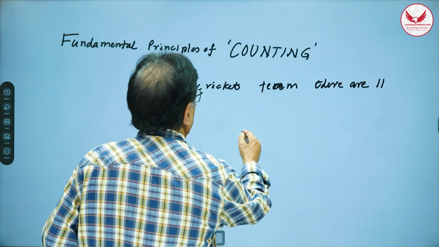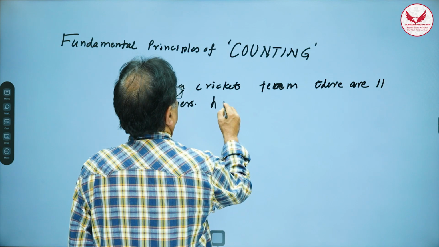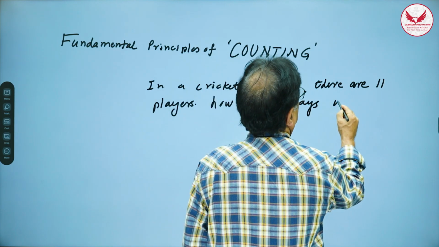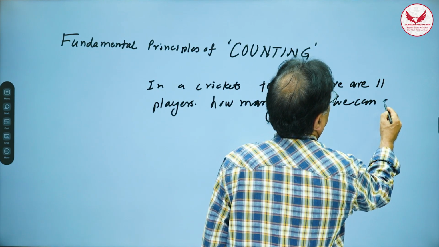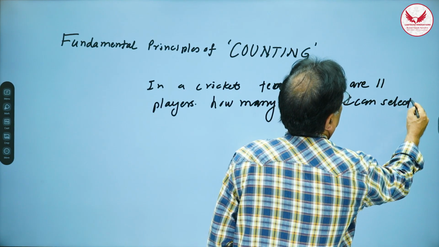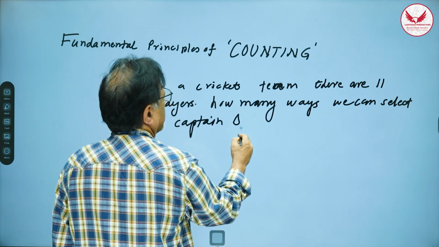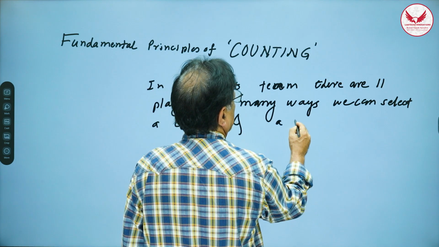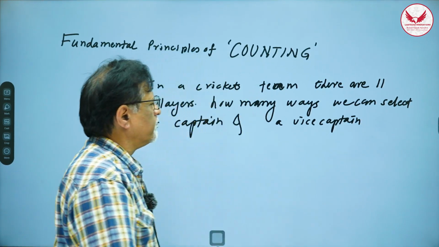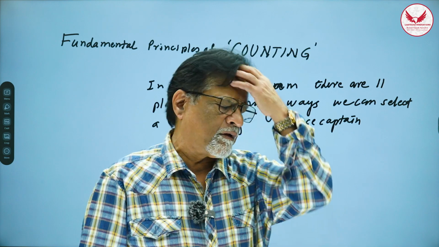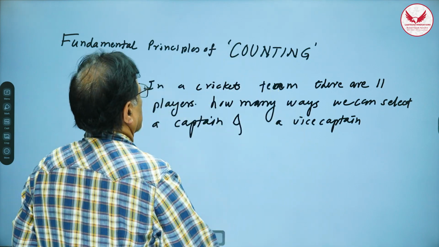I want to select how many ways we can select a captain and a vice captain for the team. That's the question. Assuming that everybody is capable of becoming captain, how many alternatives do we have?